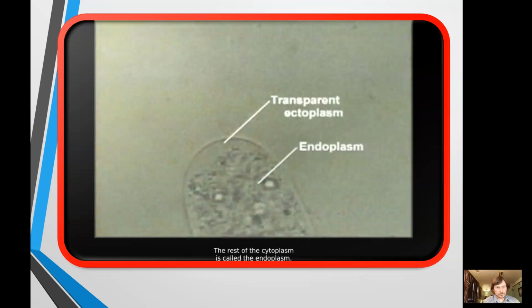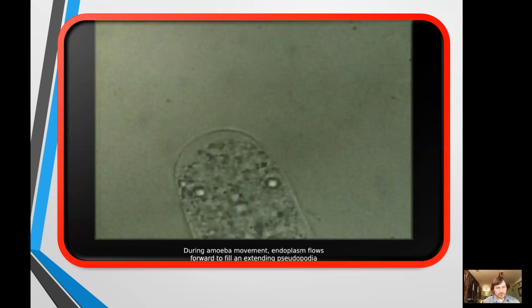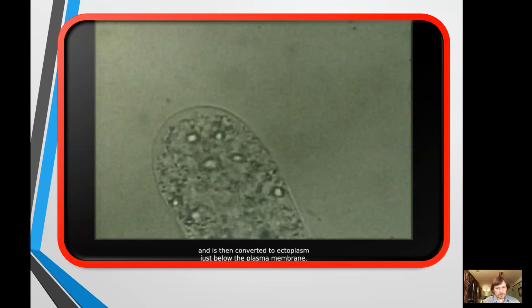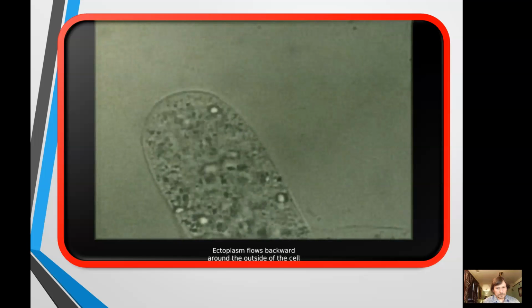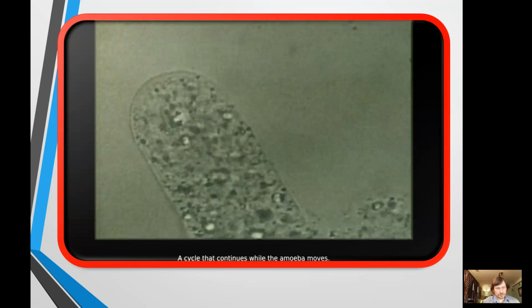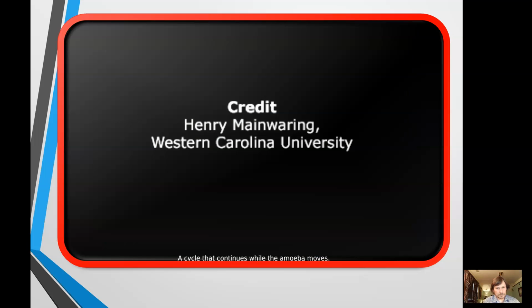This is called the ectoplasm. The rest of the cytoplasm is called the endoplasm. The ectoplasm contains large amounts of actin, the contractile protein common in animal muscle cells. During amoeboid movement, endoplasm flows forward to extend the pseudopodia and is then converted to ectoplasm just below the plasma membrane. Ectoplasm flows backward around the outside of the cell and is then converted back to endoplasm. A cycle that continues while the amoeba moves. Credit, Henry Mainwaring, Western Carolina University.